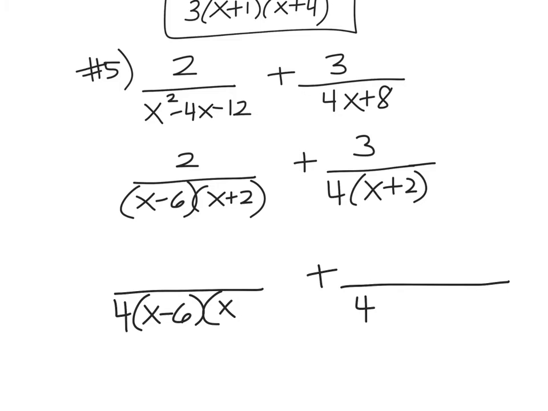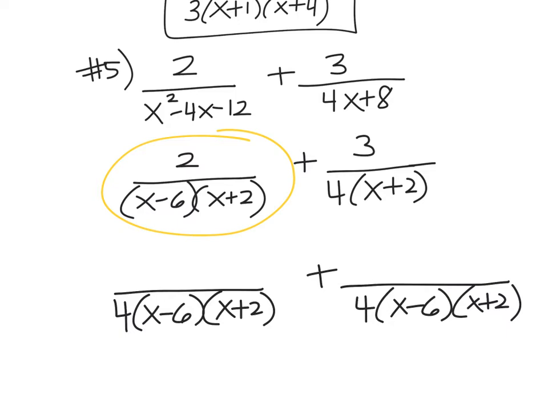They have to be exactly the same in order to add them up as fractions. Now take a look at what you have. Here's your original right here. I needed to get it to look like this. It's missing a 4. I'm going to multiply top and bottom by 4. So that will give me 8.